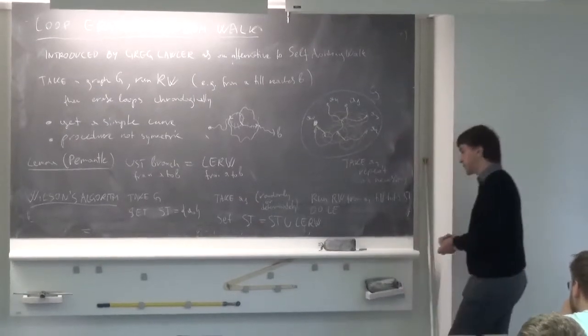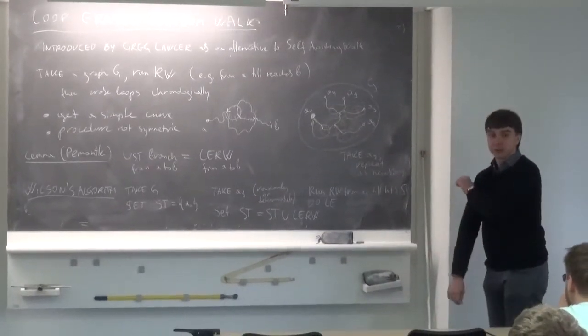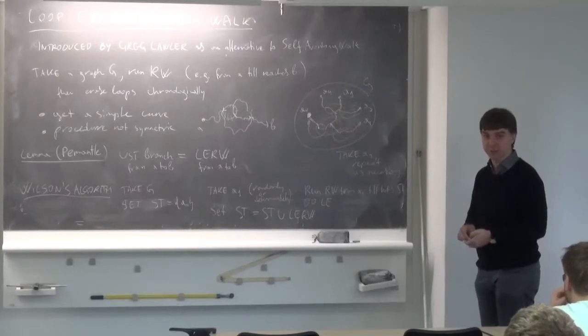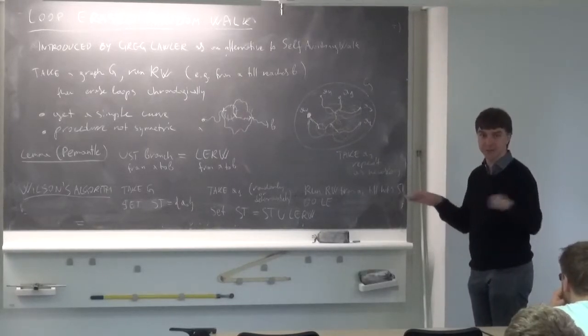So the theorem is that you get a uniform spanning tree. You get all the spanning trees, and the probabilities to get any two are exactly the same.